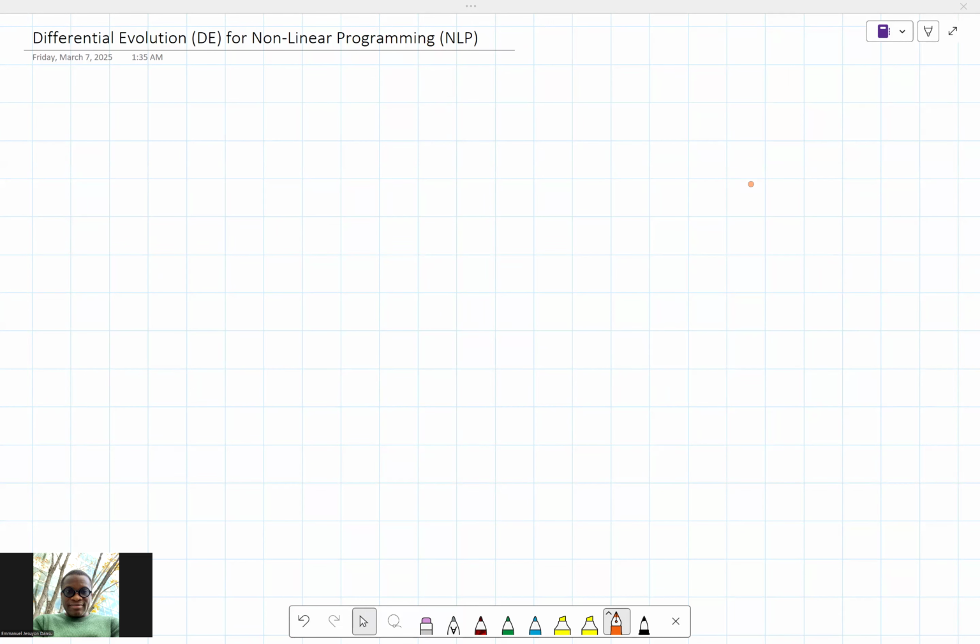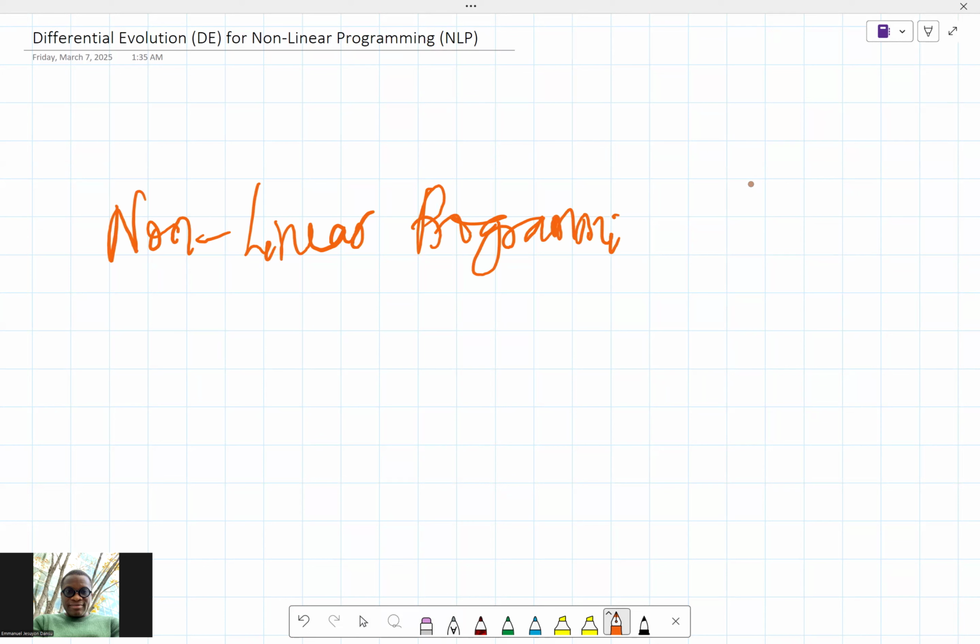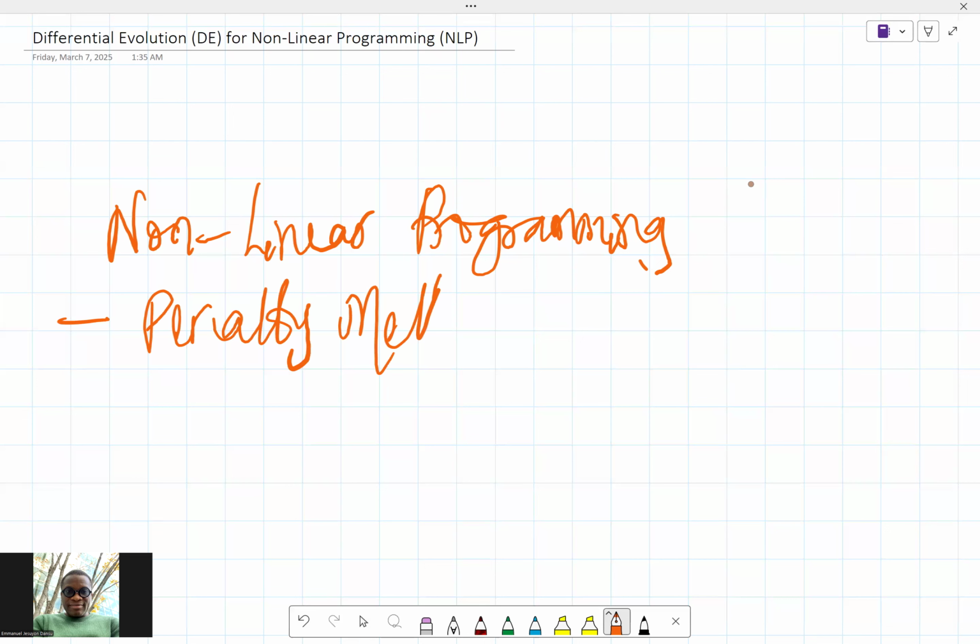Broadly, we're talking about numerical optimization techniques, and we've come all the way down to non-linear programming. As far as non-linear programming goes, we've seen different methods for dealing with it, like the penalty method.